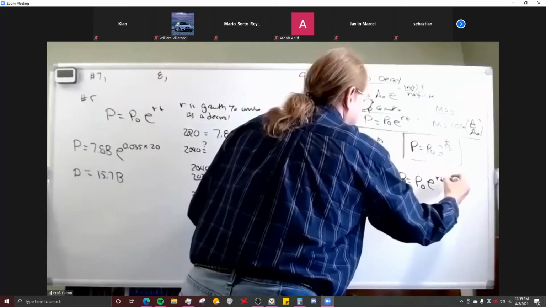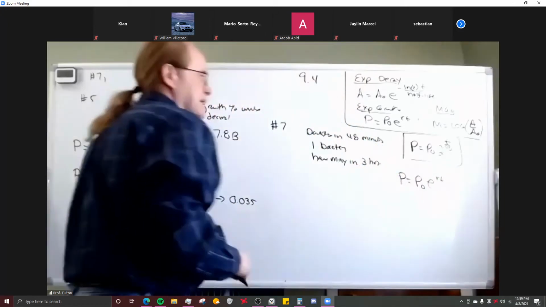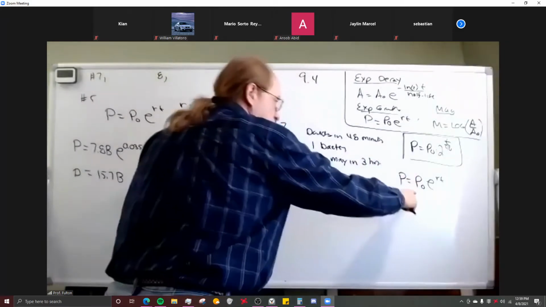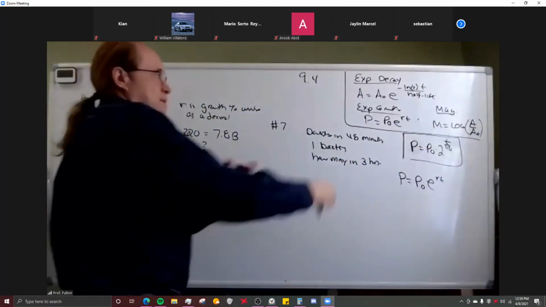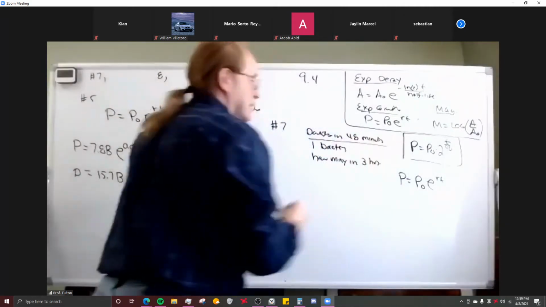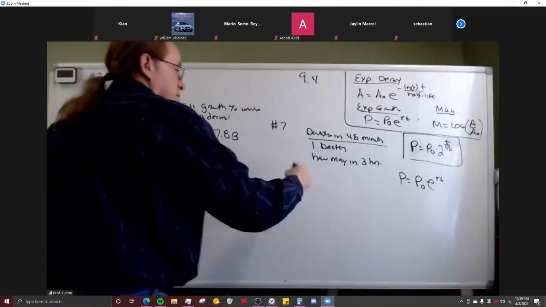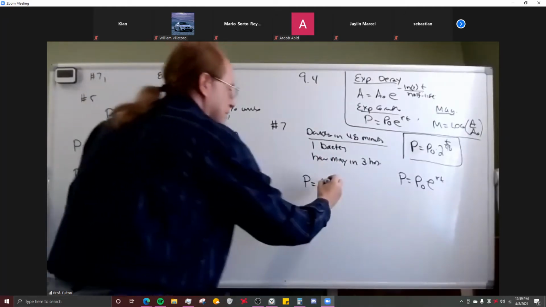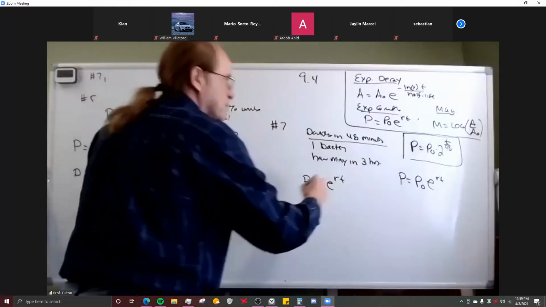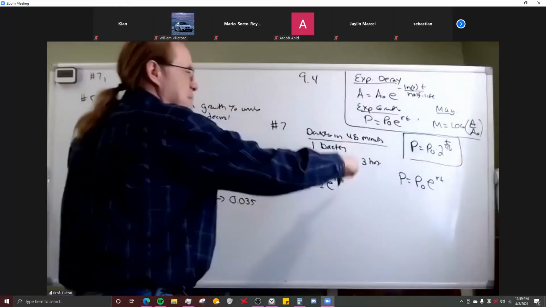In this case, we know our P0 is 1, and we want to find P. But we have to find the R value. That's from the information about it doubling in so many minutes. So our model looks like this: P is 1 bacteria, e to the RT, where T is time in minutes.